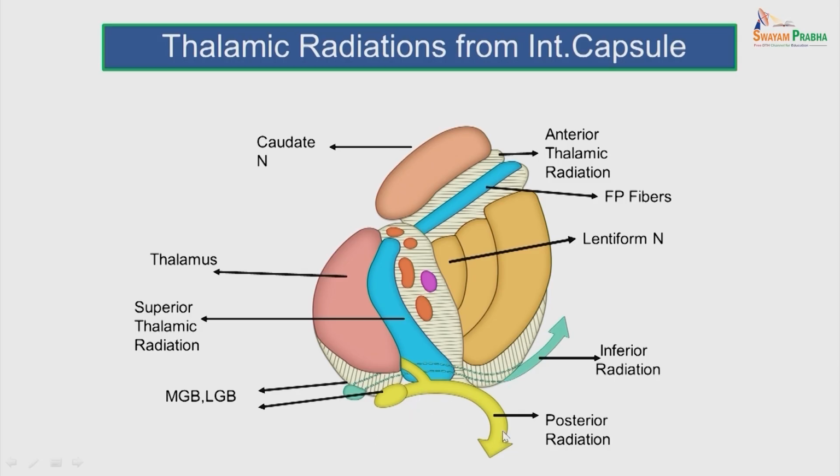Whereas the posterior radiation is from the retrolentiform part of the internal capsule, carrying the fibers from the lateral geniculate body. So, these are the thalamic radiations from the thalamus, through the internal capsule and then to the cerebral cortex, and how they are distributed along with the various other ascending and descending fibers in the internal capsule.